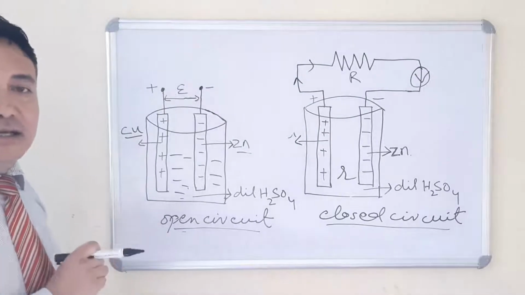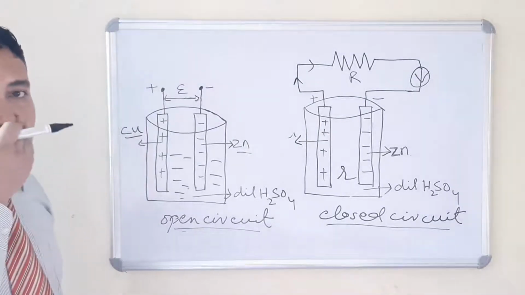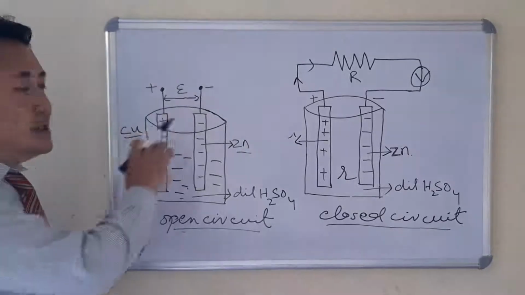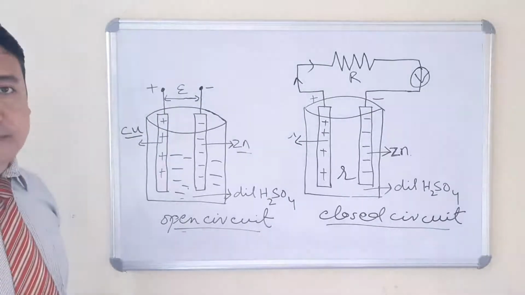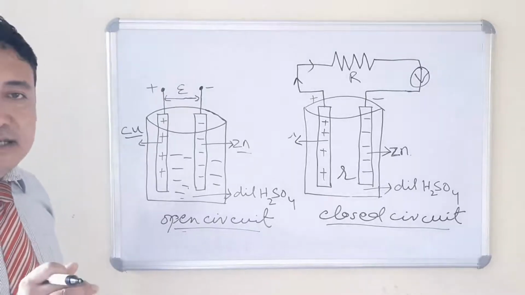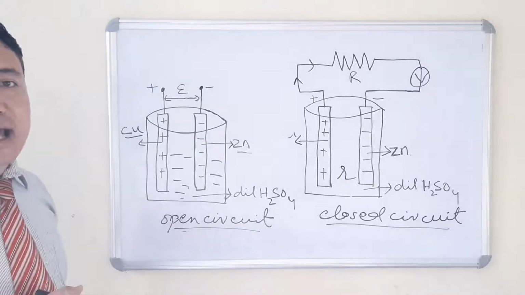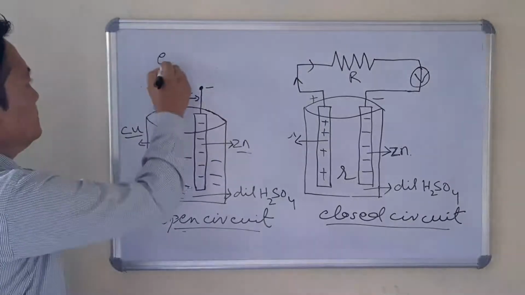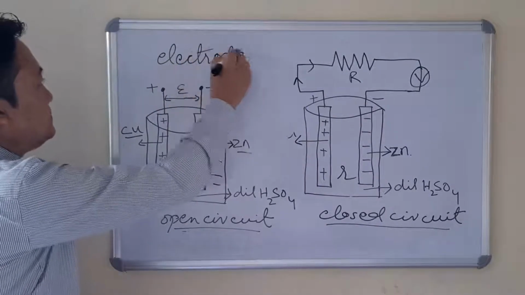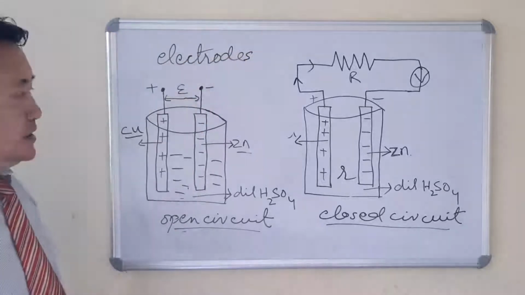When we go to the construction of the cell, the cell consists of two electrodes, or two dissimilar metal plates, and each metal plate is known as an electrode.